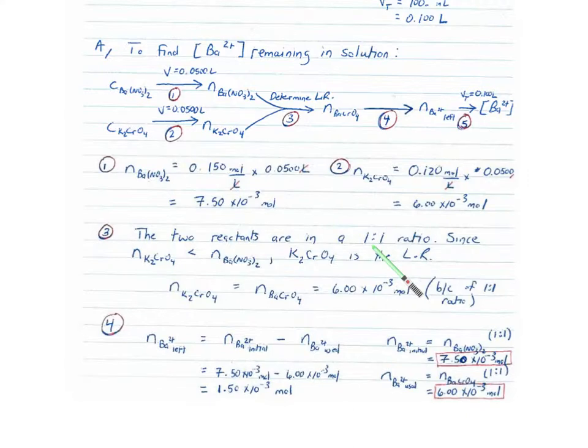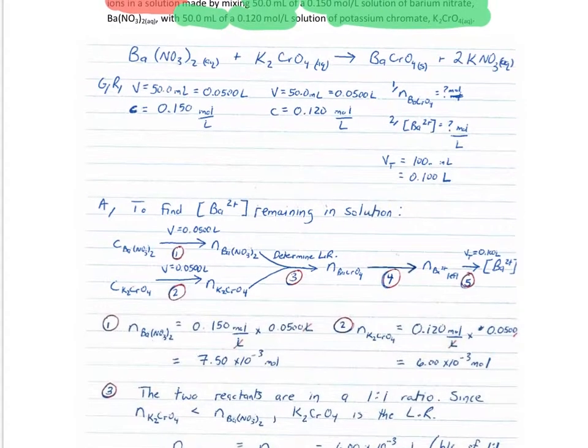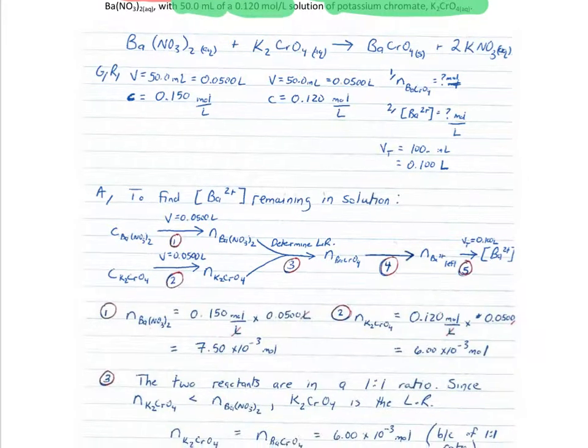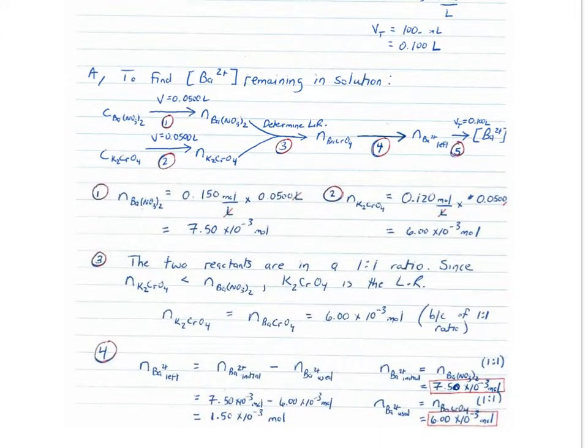Again, we see that there's a 1-to-1 ratio between the two reactants right here, and the number of moles of the K2CrO4 is less than the Ba(NO3)2, right? So there's fewer moles of this stuff than there is of this stuff. Therefore, the potassium chromate has to be the limiting reagent, and so it's going to determine the number of moles of the barium chromate.